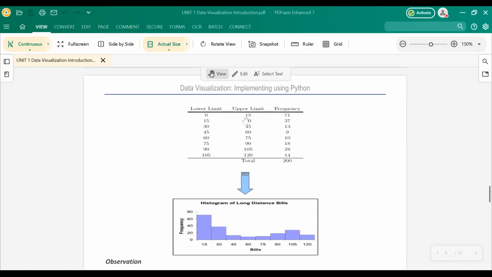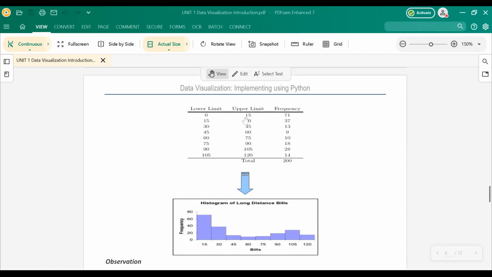Generally 10 is what we look at, because fewer than 8 or 7 will be too few classes to look at, it's like too little data. If you do more than 14, 15, it will be too many classes to look at. So what a histogram says is try to create around 10.